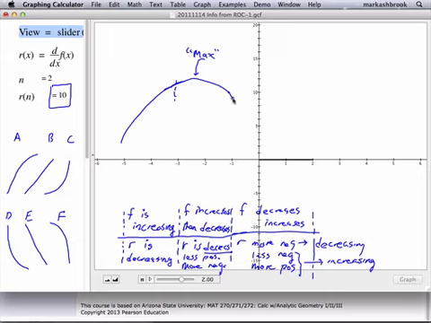A little bit of F and then D. Okay, so it's decreasing and r is becoming more negative. And then what's next? D. Decreasing and becoming less negative. D. Yeah. And then into some C.